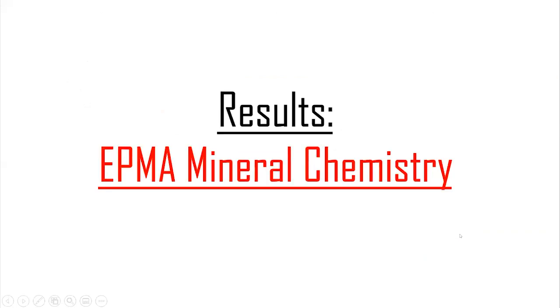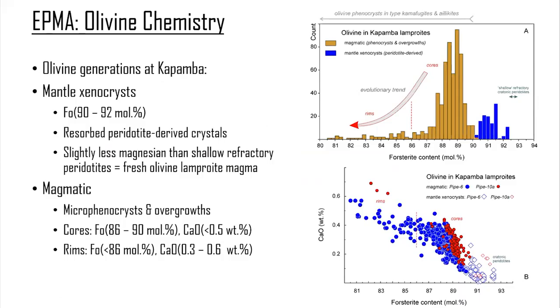Now, to look at individual mineral chemistry. We can see that firstly, there are two olivine generations that exist at Kapamba. Firstly, we have mantle xenocrysts in the form of resolved peridotite-derived crystals with a forsteritic content between 90 and 92 mole percent.